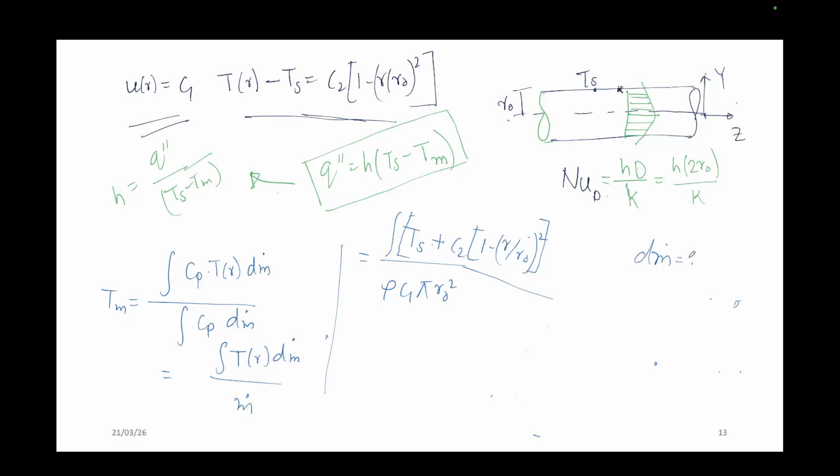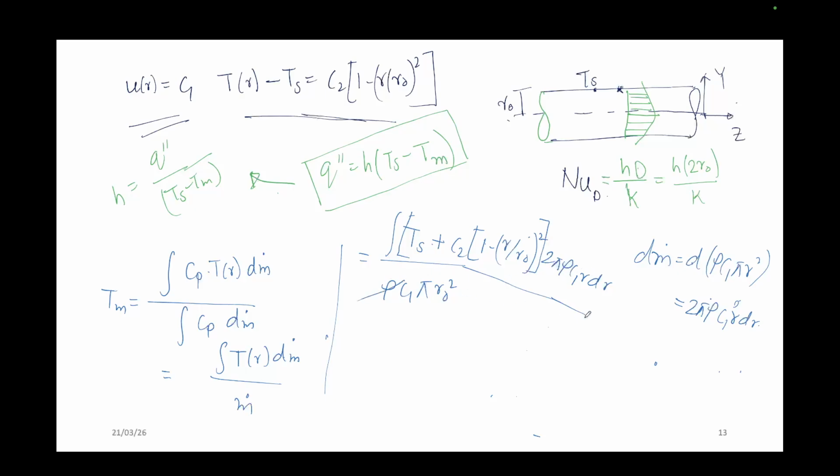Dm should be d of rho c1 pi r square, not r naught, because it is a variable, so that's why r square. So what I will get: 2 pi rho c1 r into dr. Yes or no? In place of dm I can write 2 pi rho c1 r into dr.